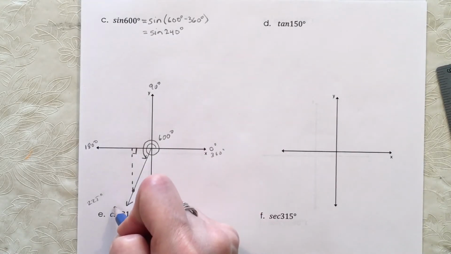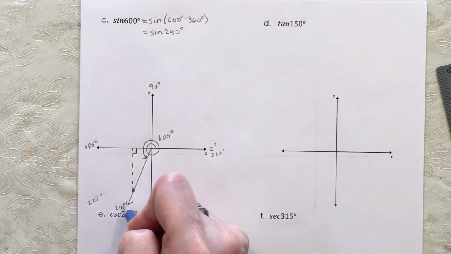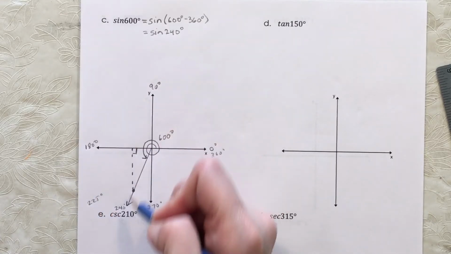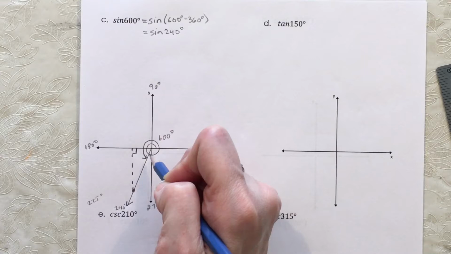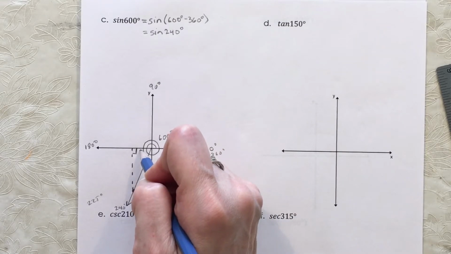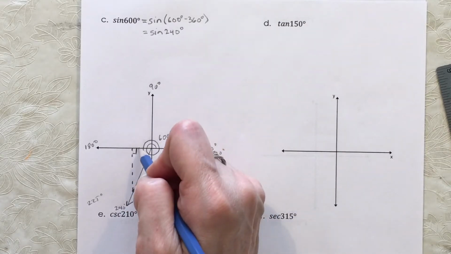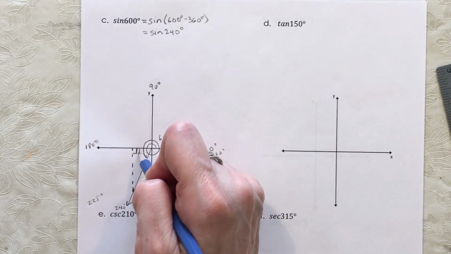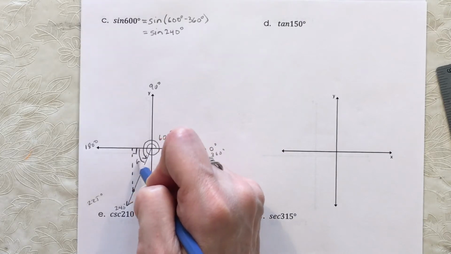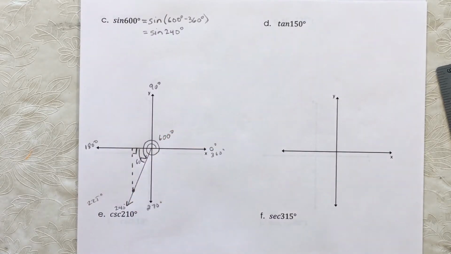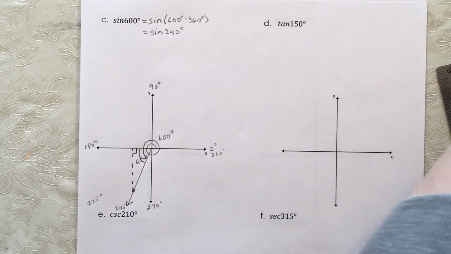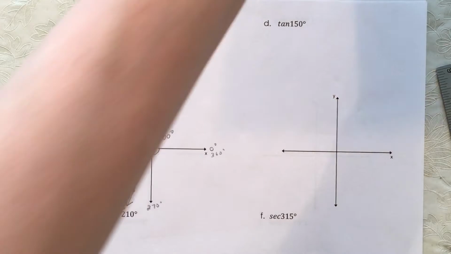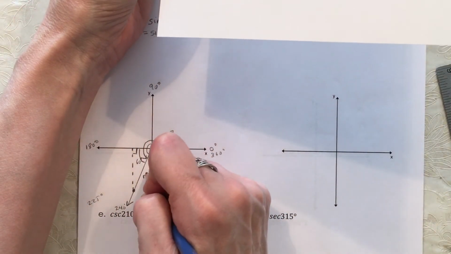So if we know this is 240 and this is 180, 240 minus 180 is 60, so this is going to be a 60-degree triangle. It's hard to fit alpha in here, but this angle in here is 60 degrees, which means it's related to my 60-degree triangle. And I know that my r is 1.